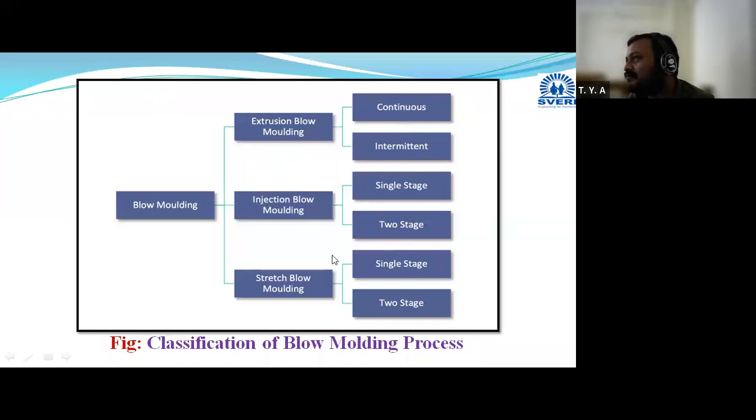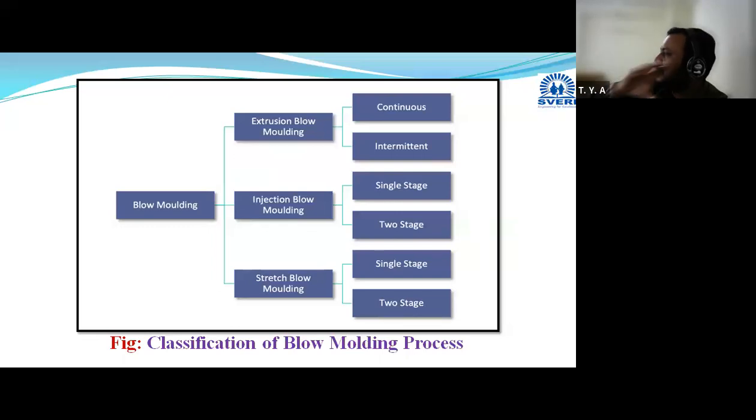Now, first I will tell you what this single stage and two stage process is. In this blow molding process, which operations do we perform? First, Parison preparation, then placing it in the mold, then closing it, then cooling it, and ejection of the product.